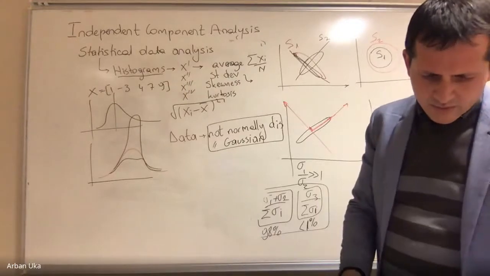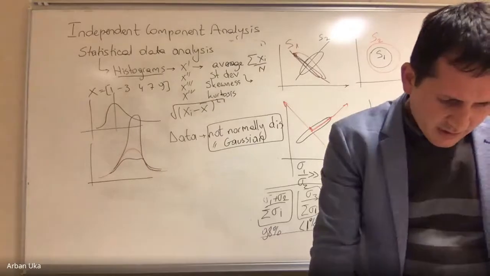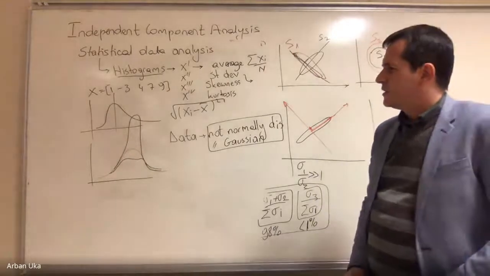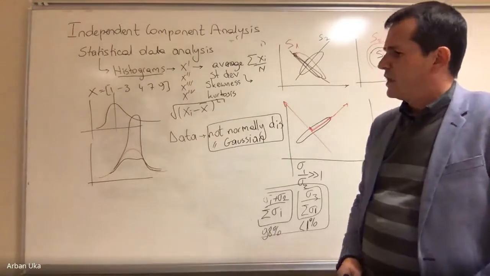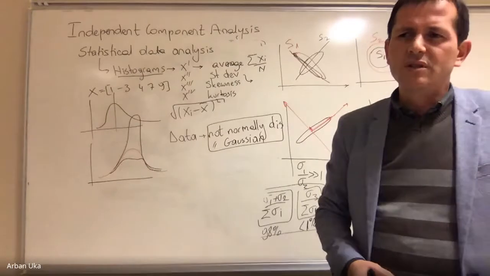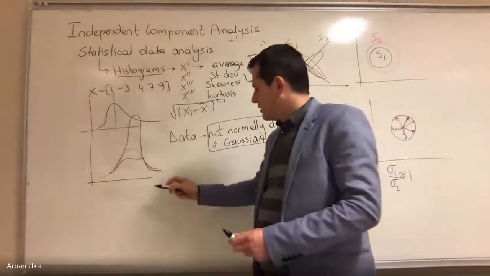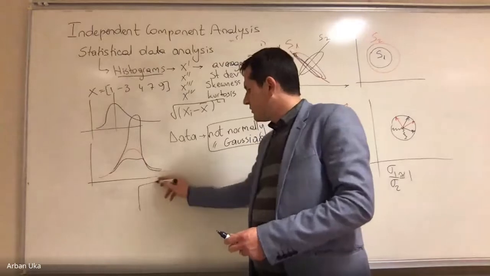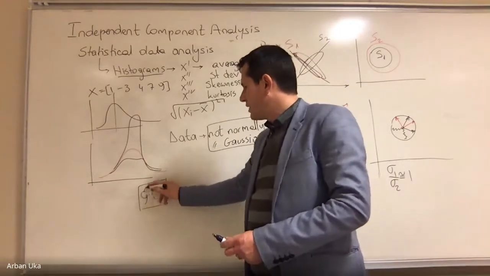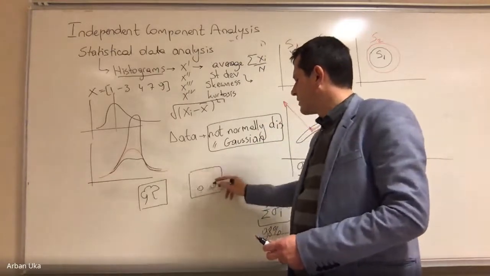And to try to separate them, we're going to see an example here: how we can mix two different images, and then do singular value decomposition. Here we have one image with a tree, and here another image with a vehicle.